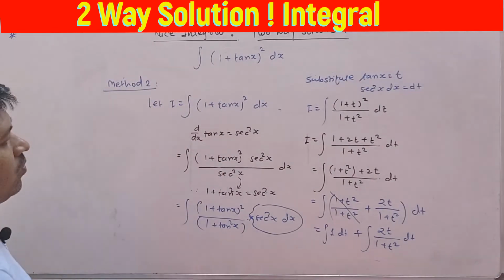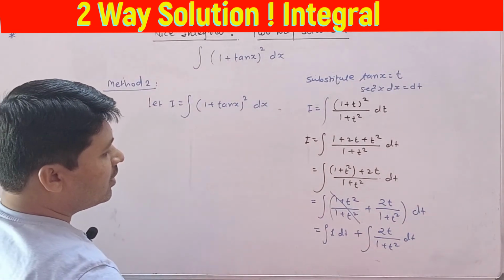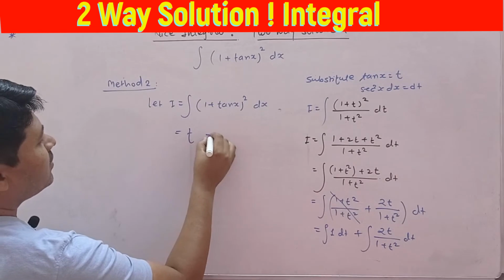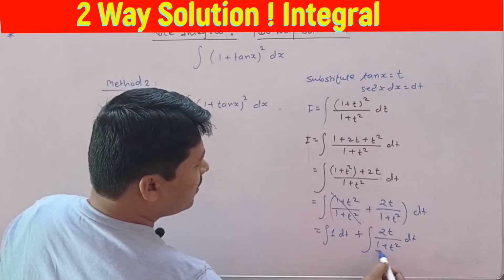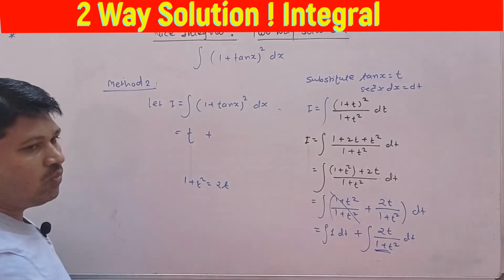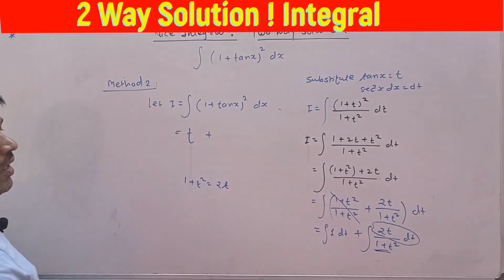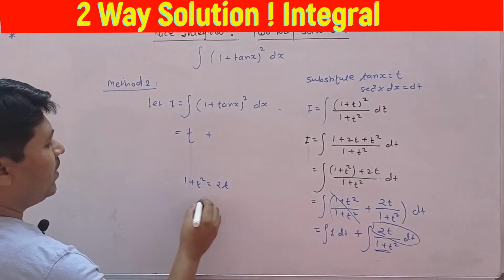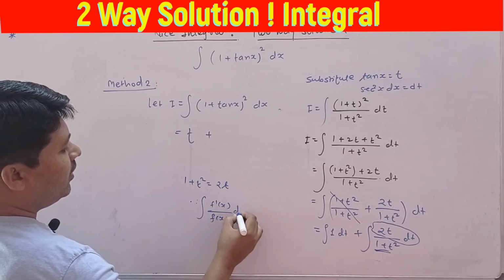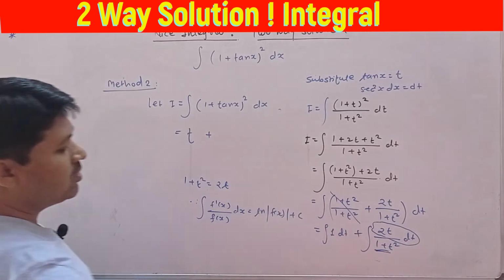Now we can move to the final solution. The integral of 1 is t only, plus the other term. Here we observe the term 1 plus t square, whose derivative is 2t. We know that the integral of f dash x divided by f of x dx is equal to ln of the given function plus the constant of integration. Therefore we can write ln of 1 plus t square plus the constant of integration.